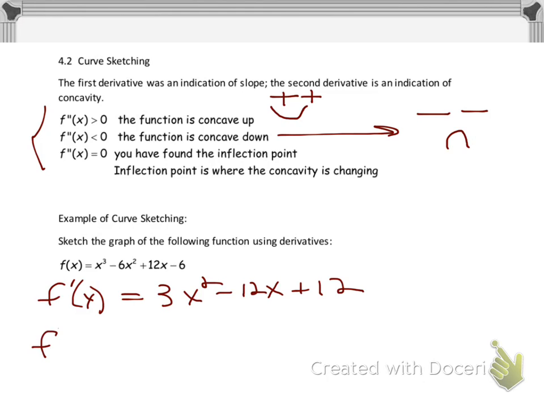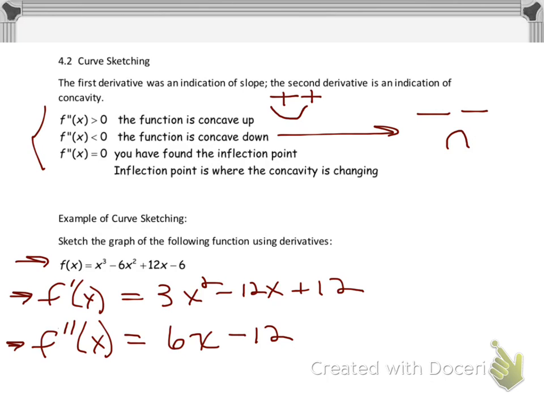Go ahead and take your second derivative because we haven't really done this. That's going to be 6x minus 12. A little thing to note: if your original function is a cubic, your first derivative is a quadratic, and your second derivative is going to be a line. You're always going to see this pattern.